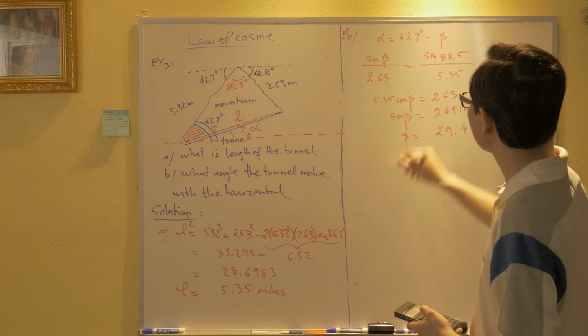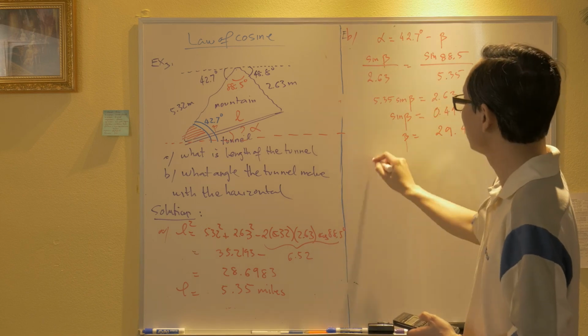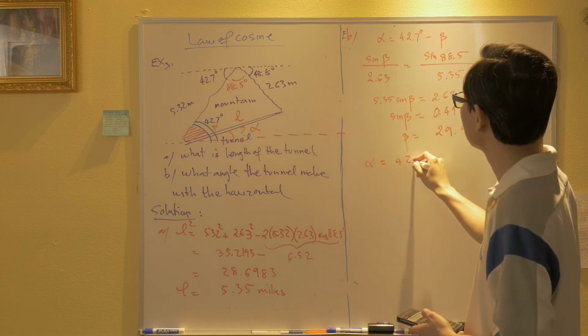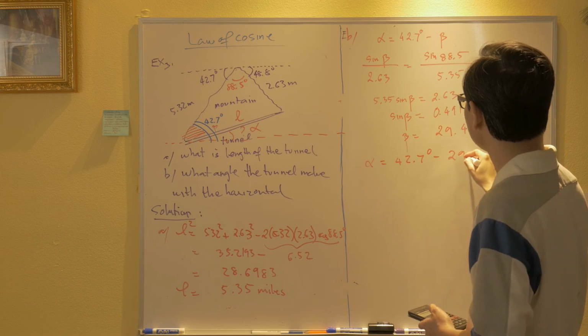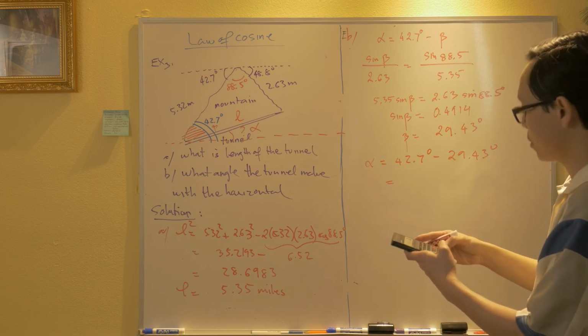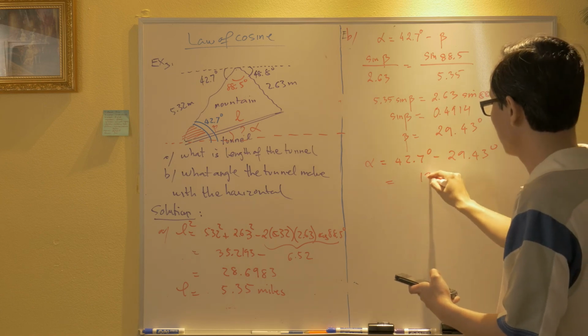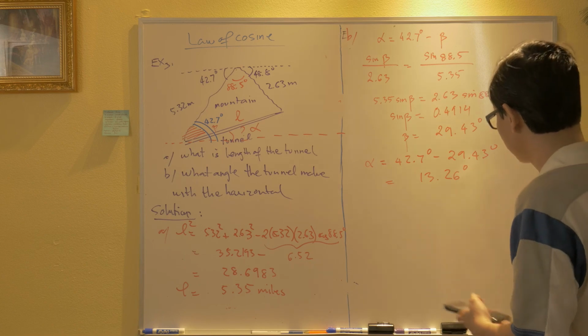Then you have beta, and you can find alpha: 42.7 minus 29.43 gives you 13.26 degrees.